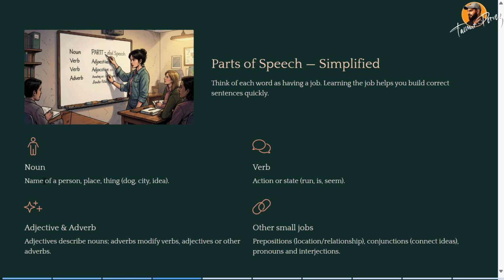Anything like that is a noun. When it comes to verb means action or a state. Run, is, seem, ऐसे कुछ words होते हैं जो हम verb के लिए use करते हैं.